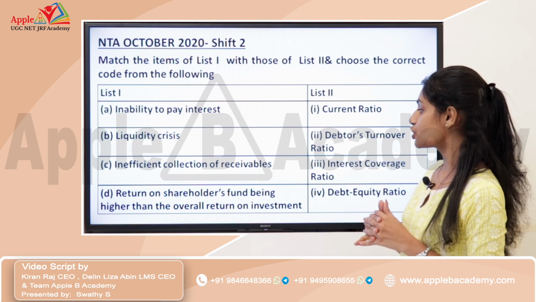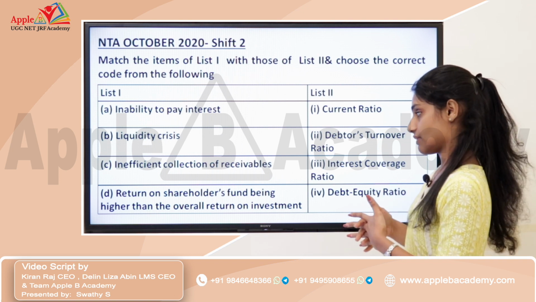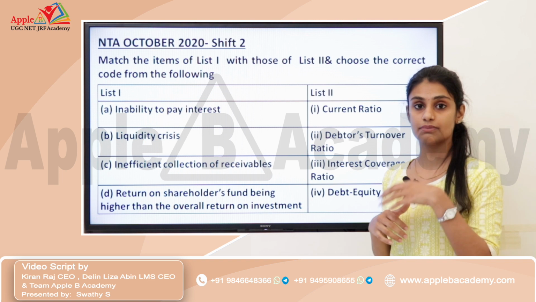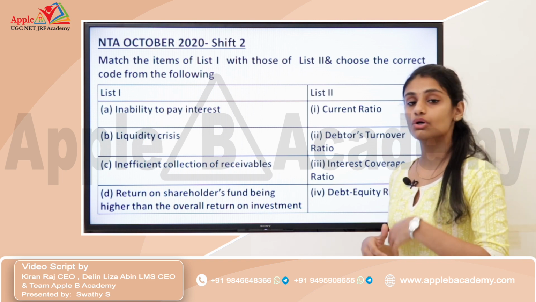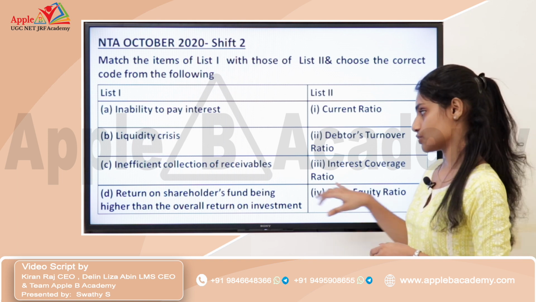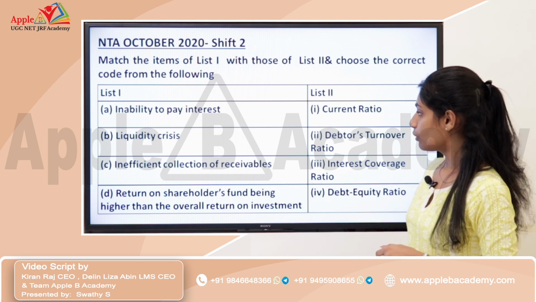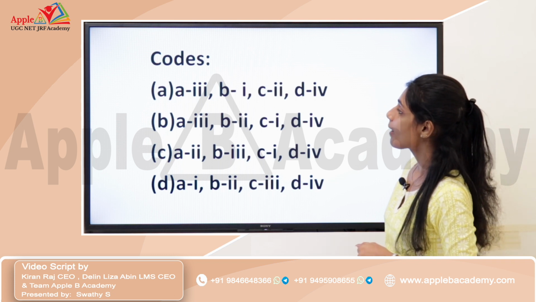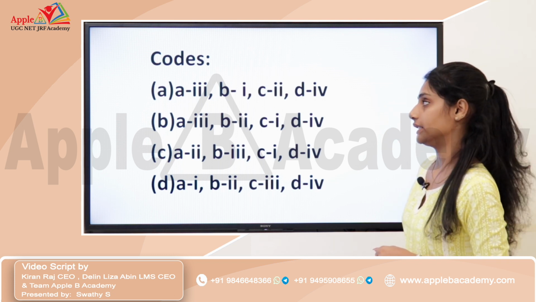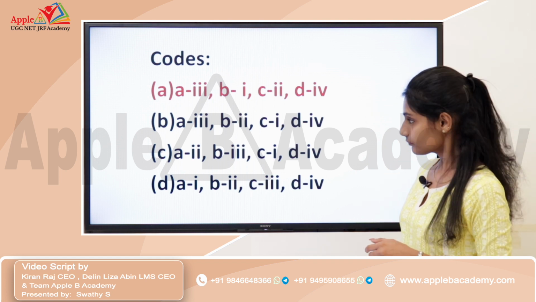And finally, return on shareholders fund being higher than overall return on investment. Here we are making an analysis between the shareholders fund and your investment, so you can connect that with debt equity. That's the remaining option, so D is 4. So A3, B1, C2 and D4. The correct answer for this question is option A.